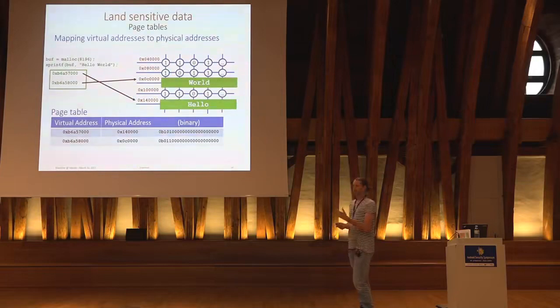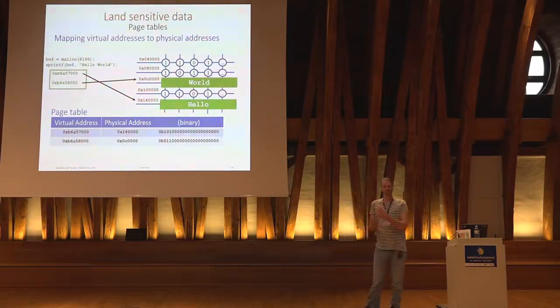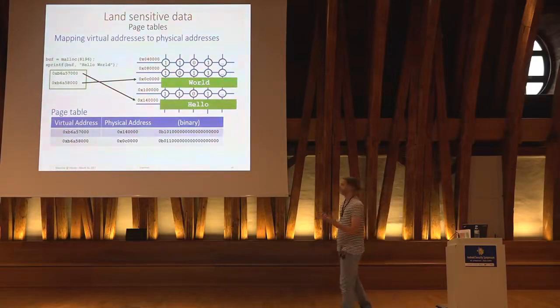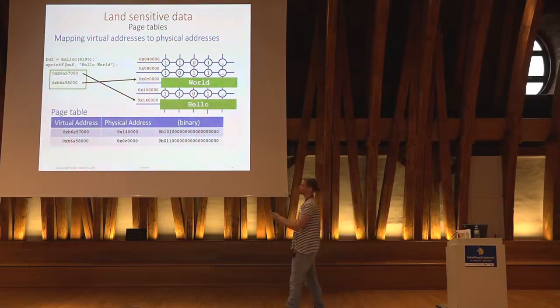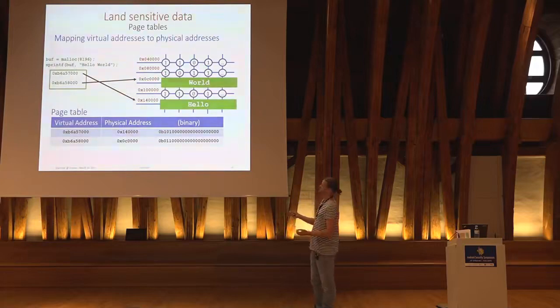Now, this mapping from virtual addresses to physical addresses is stored in a page table. And a page table is really nothing else than just 2 columns: virtual address B6A57000 is pointing to physical address 14000.